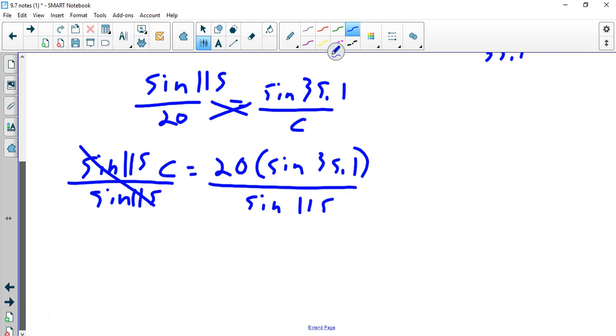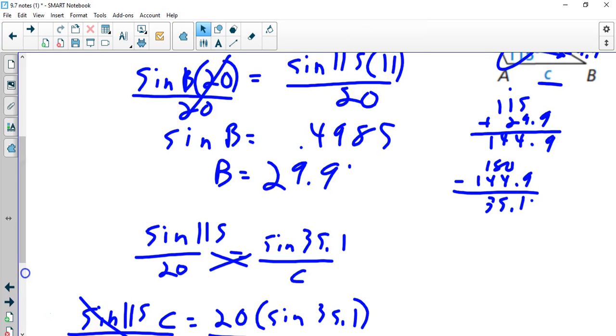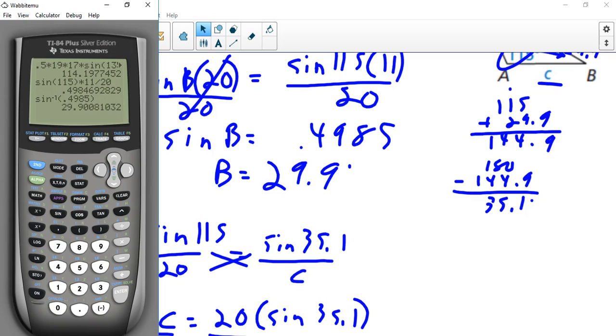Now, we just type that in our calculator again, step by step. So 20 times the sine of 35.1, close parentheses, divided by the sine of 115. And there we go, we get 12.68.